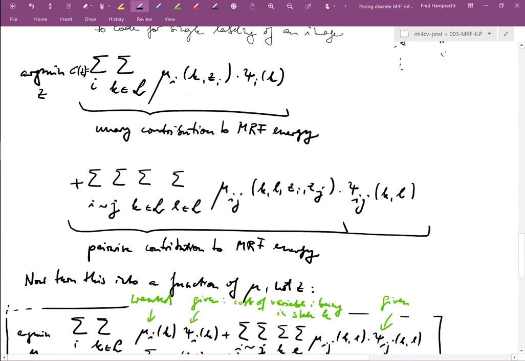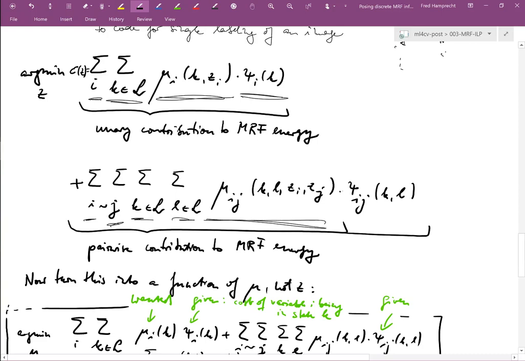So for the unary terms, I have a sum over the vertices, a sum over the possible labels, and then I have this indicator vector to tell me if variable I is indeed in state K, and if so, it's 1, otherwise it's 0. And then I'm multiplying this with the potential, with the cost of variable I being in state K. And similarly for the pairwise, I now have in the next line a double summation over all vertices I, all vertices J, the label K that vertex I could be in, the label L that vertex J could be in.